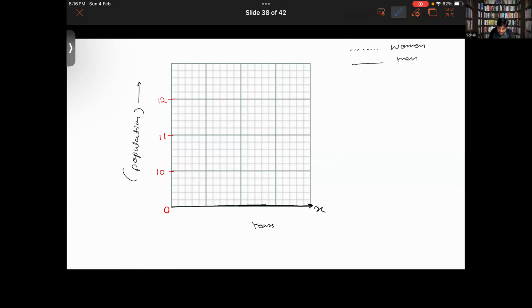So can't I say that this is 0.1, this is 0.2, 0.3, 0.4, or you can start from 0.2. So let's take it to be 0.2, 0.6, 0.8.